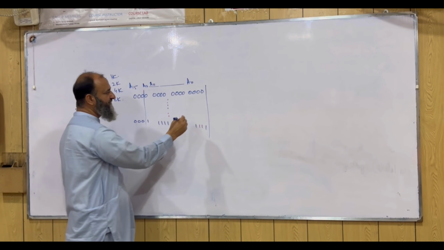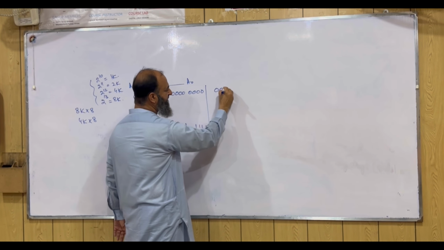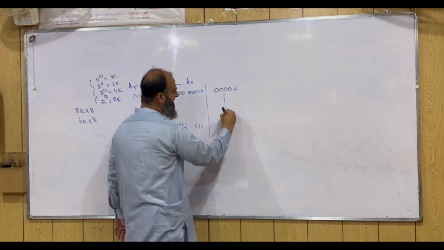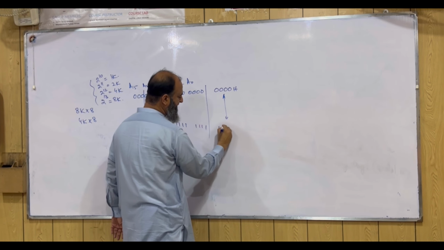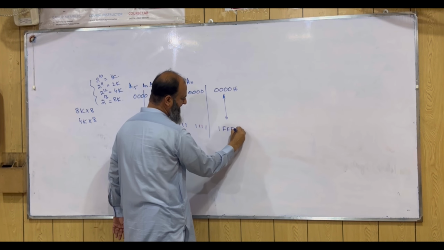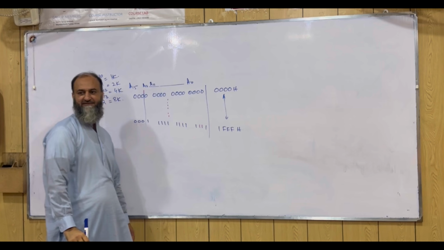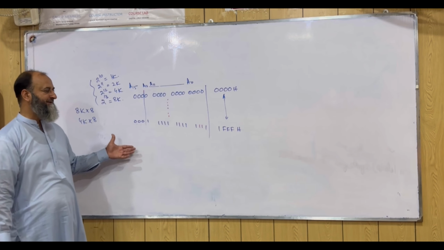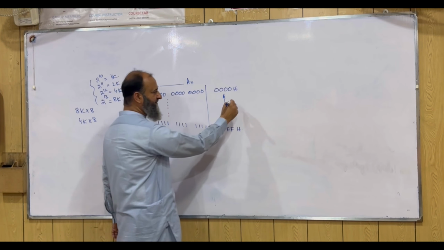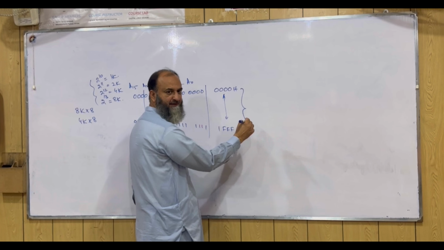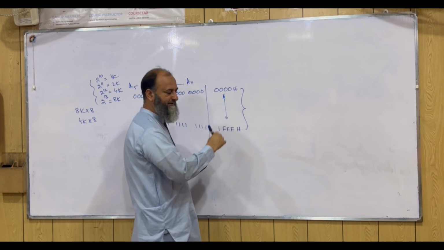Now you see that the first address is 0000 hex, and the last address is 1FFF. That's it. You see that the next one. So this is the interfacing map of the 8 kilo by 8 memory.